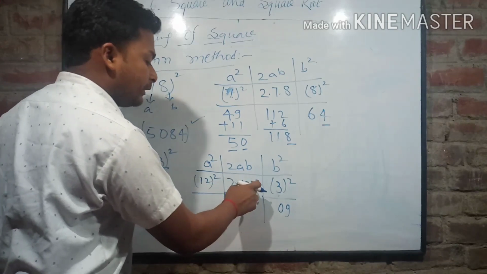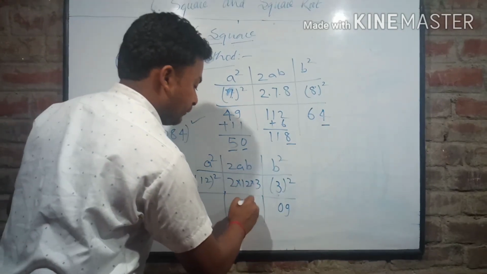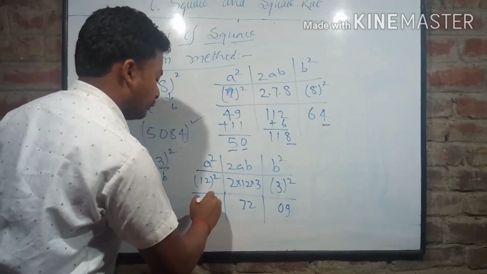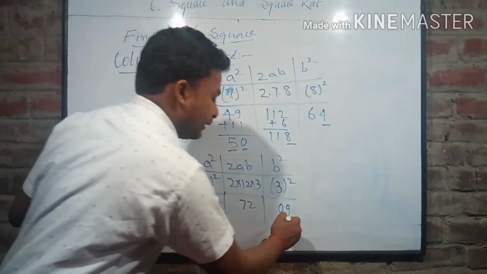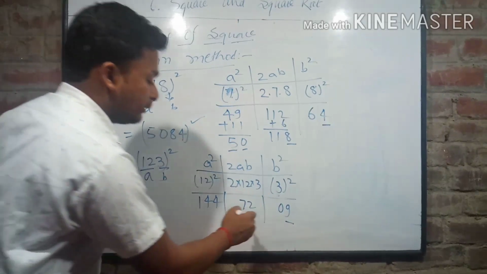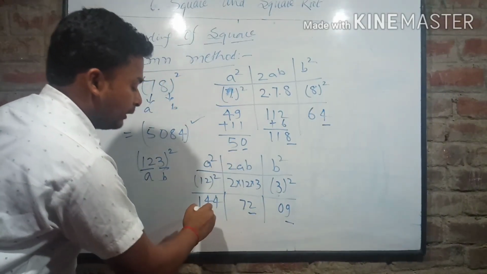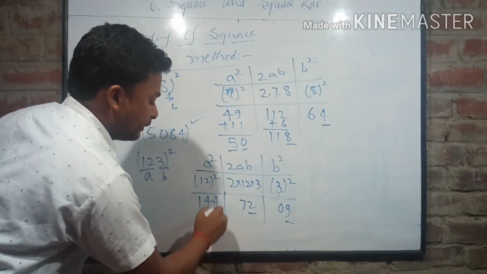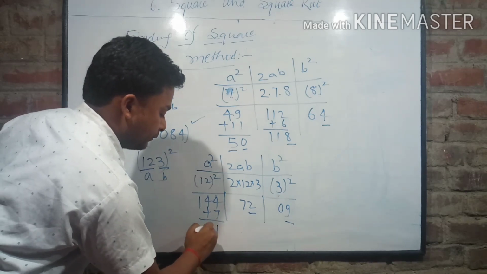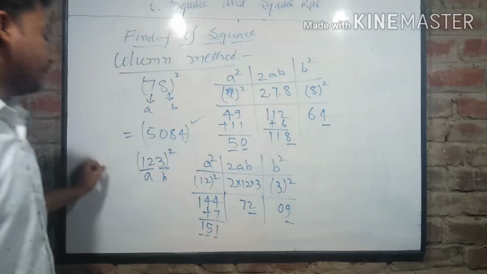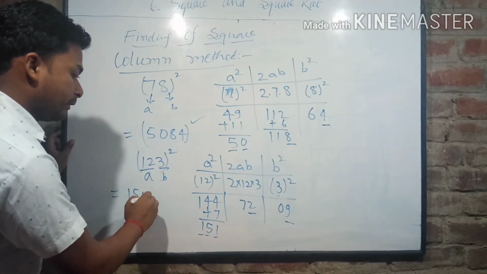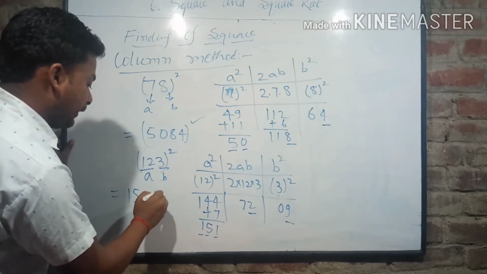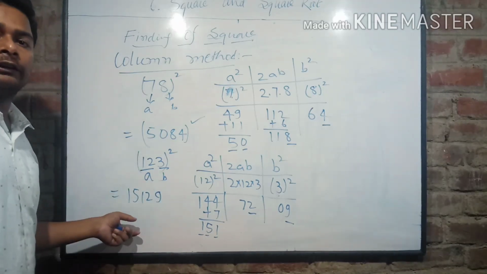Here it can be written as 72 and here it is 144, since 12 square is 144. Same process we will apply. 0 is carried, so nothing to be carried. Next, 7 is taken here. So what is the result of 123 square? That is equal to 15129. Is it correct?